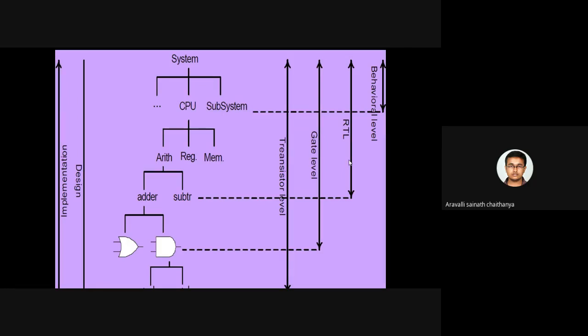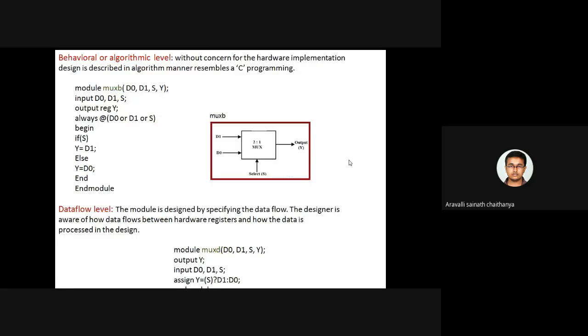Okay. So next is behavioral abstraction. What is behavioral abstraction? It is the highest level of abstraction in Verilog HDL. That is, a module can be implemented without any concern for the hardware.